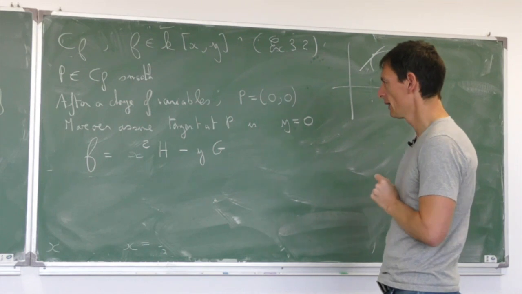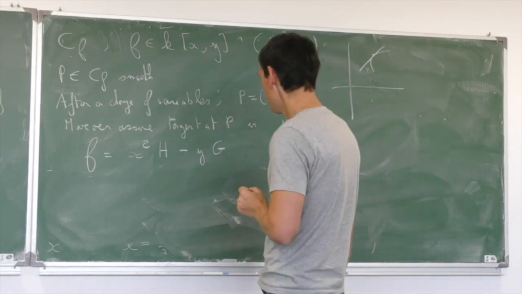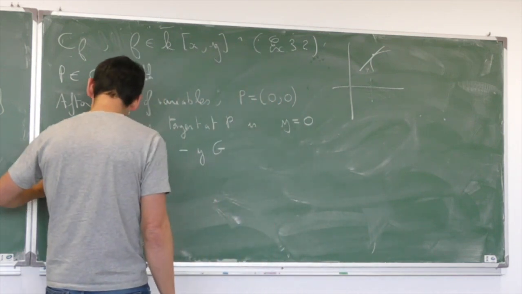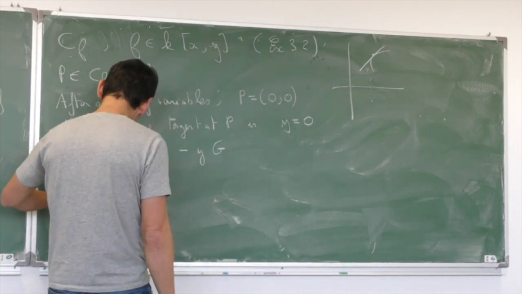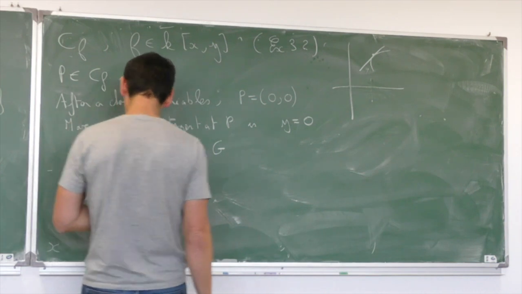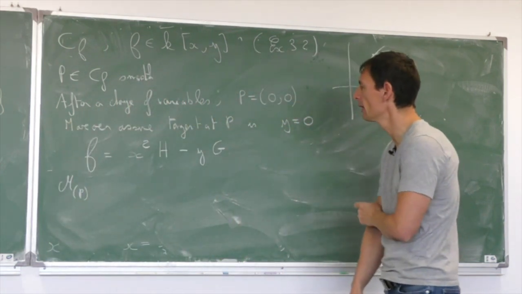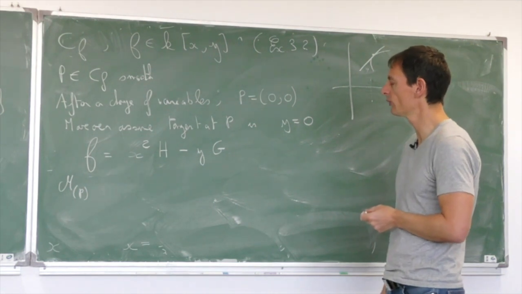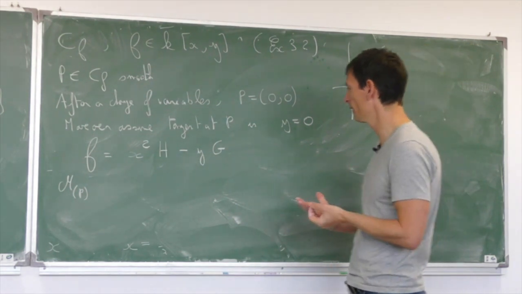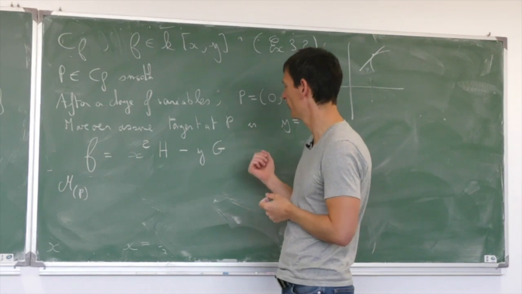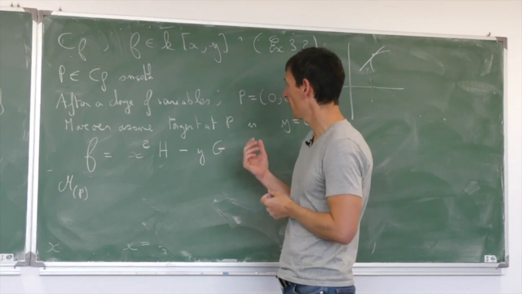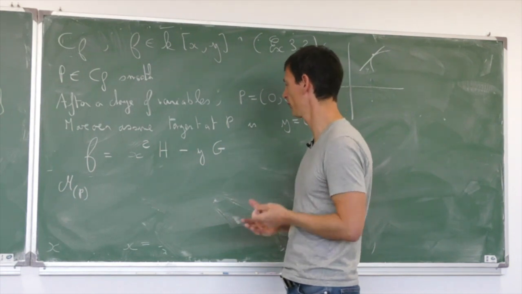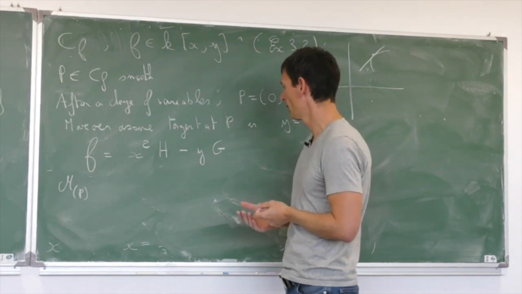Okay? And now, this is quite nice because I want to look at m at the point P, the maximal ideal at the point P. So what are all the functions that are going to be 0 at 0, 0? As they are functions in x and y, there must be combinations of x and y.